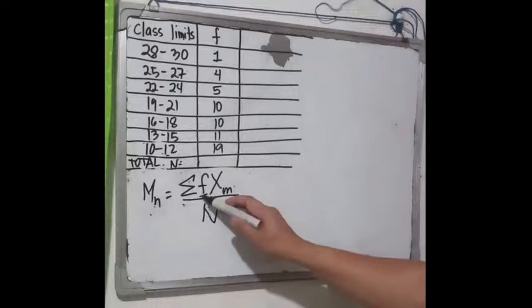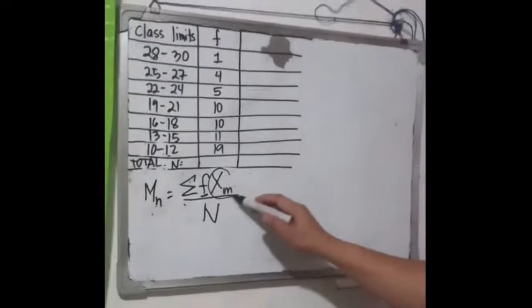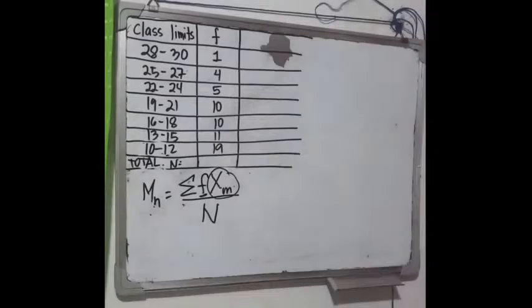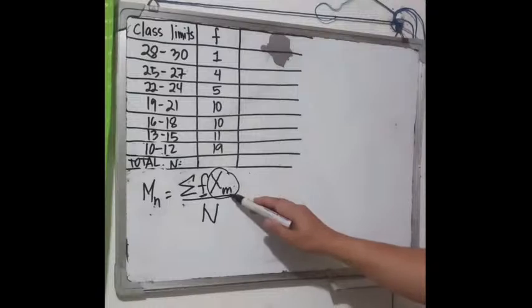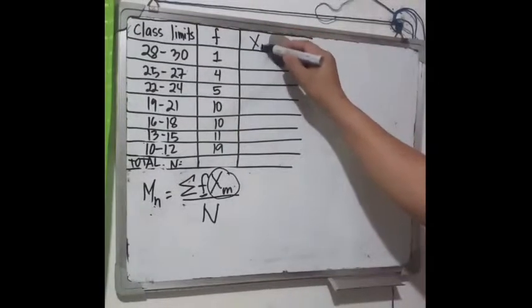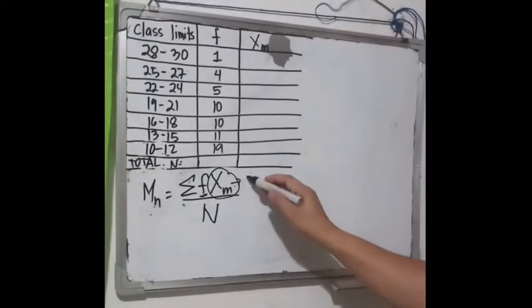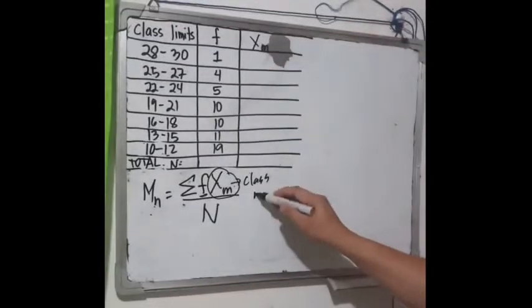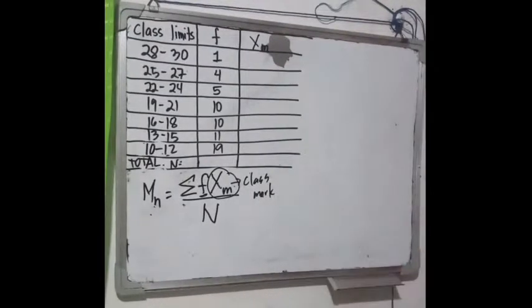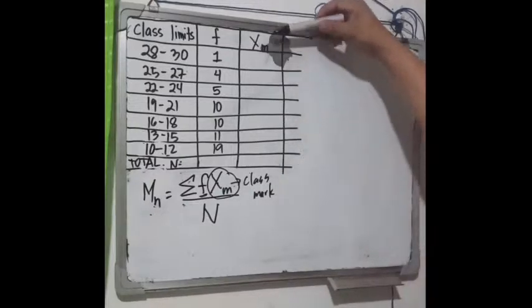F is the frequency and x sub m is your class mark. So let's first find x sub m. This is the class mark or midpoint of its class. So how to find the class mark or the midpoint of its class?